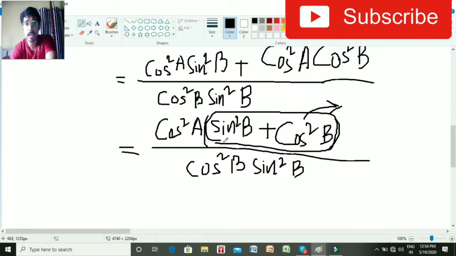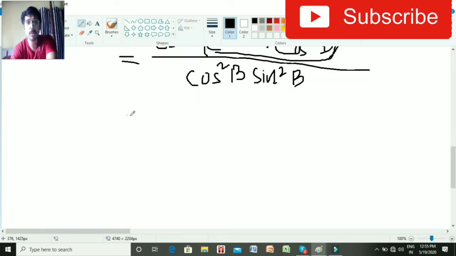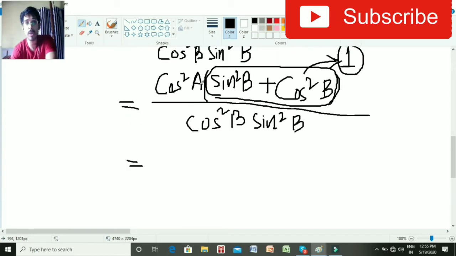So now we are going to put this particular value here. Imagine theta here is B, so sin square B plus cos square B will also be equal to 1. So this value will be equal to 1. If cos square A is multiplied by 1, it always remains cos square A only.